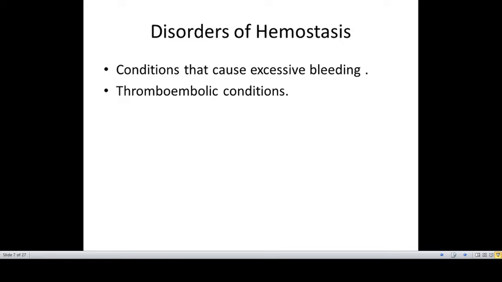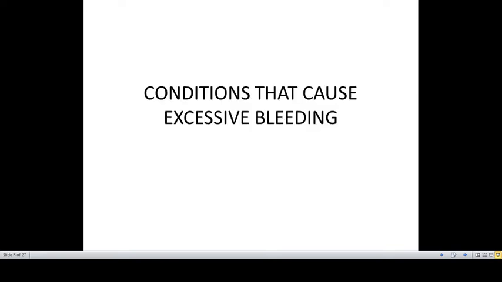Disorders of hemostasis can be divided into two major groups: conditions that cause excessive bleeding and the thromboembolic conditions. We will first study the conditions that cause excessive bleeding.